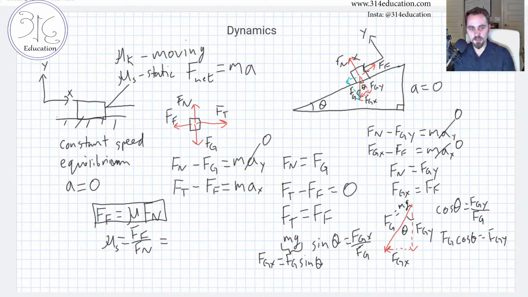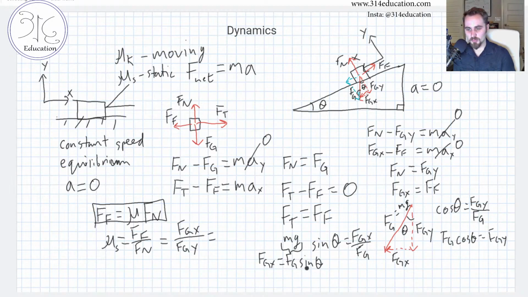And from these relations, from our Newton's second law, we know that our normal force is going to equal the y component of our gravity, Fgy, and the frictional force is going to equal the x component of our gravity, Fgx. And we just calculated both of these using our trigonometry.